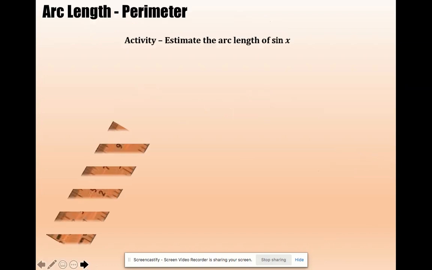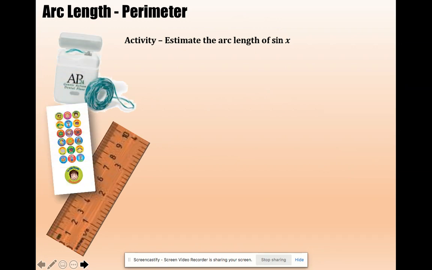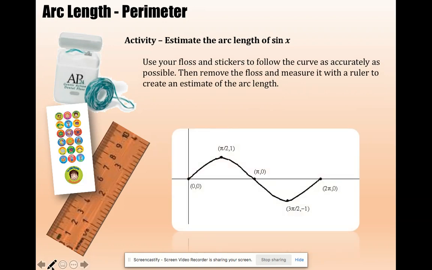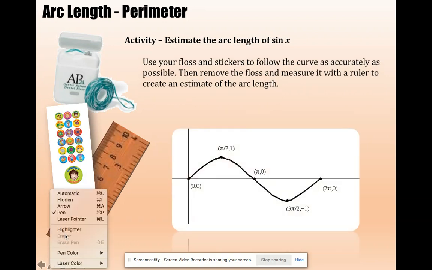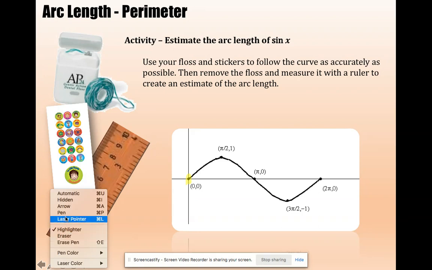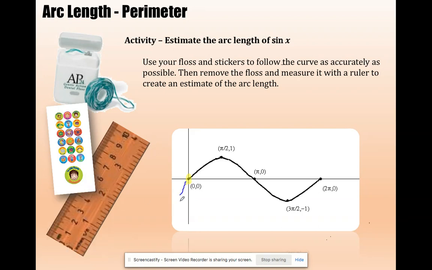If we were in person, I would have handed everybody a piece of paper, a ruler, some stickers, and some dental floss. And you would have said, what is dental floss for in calculus class? Well, on your paper, I would have had you hold down one end of the dental floss at 0, 0 with a sticker, with a little bit hanging off here.